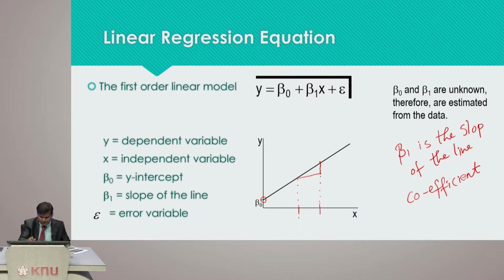Say, for example, x1 and x2 are here. Between x1 and x2 there is a difference that happens in the slope, and as you can see, the variation of y is clearly evident in that space.